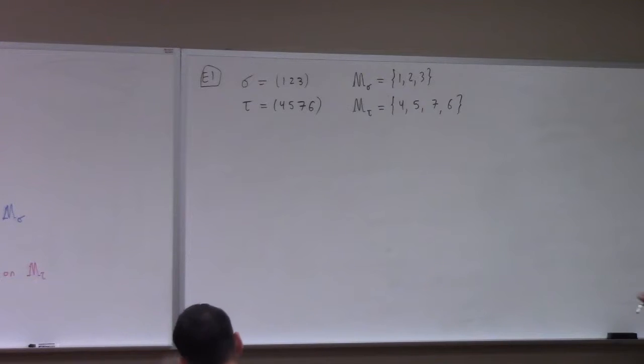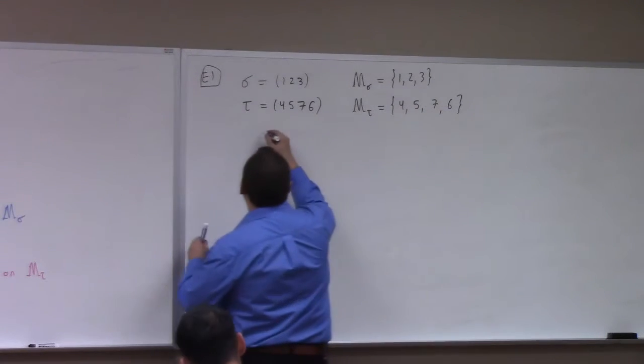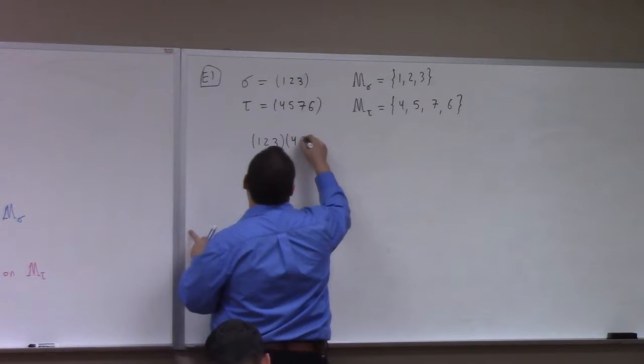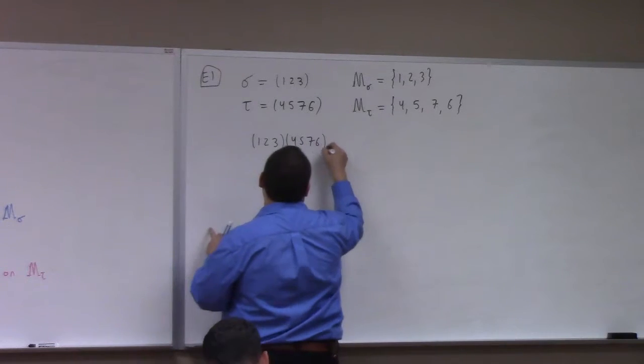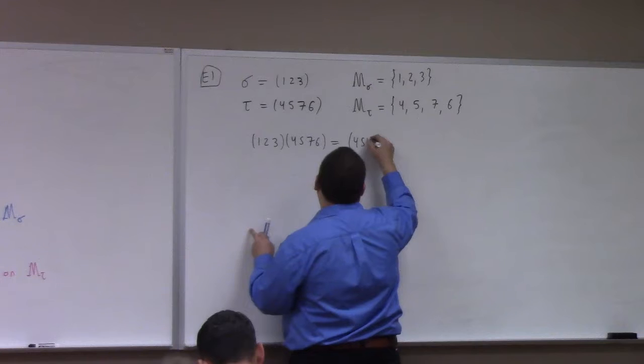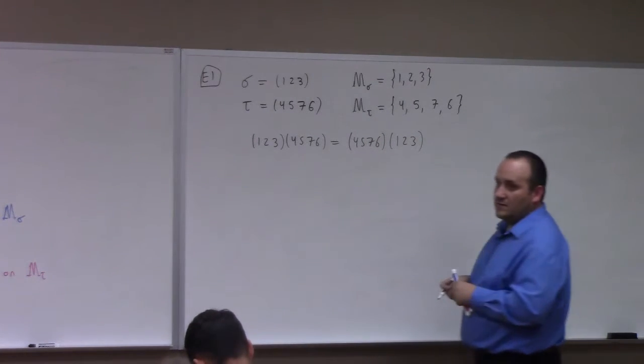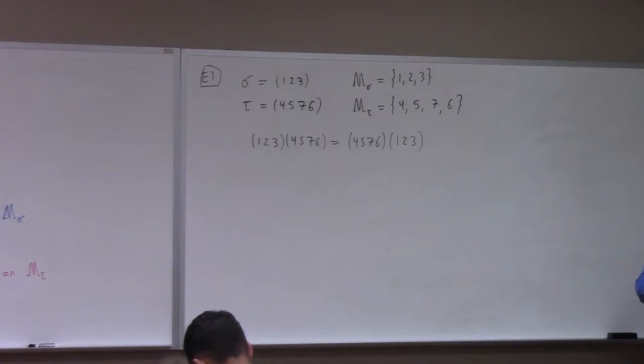And so, apparently, 1, 2, 3, 4, 5, 7, 6 is equal to 4, 5, 7, 6 times 1, 2, 3. And if you think about the mechanics of how cycle notation works, it makes perfect sense that that's the case. So how about inverses?